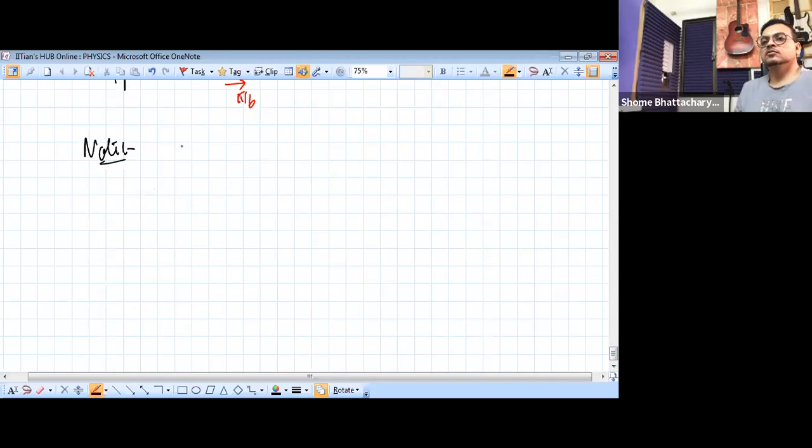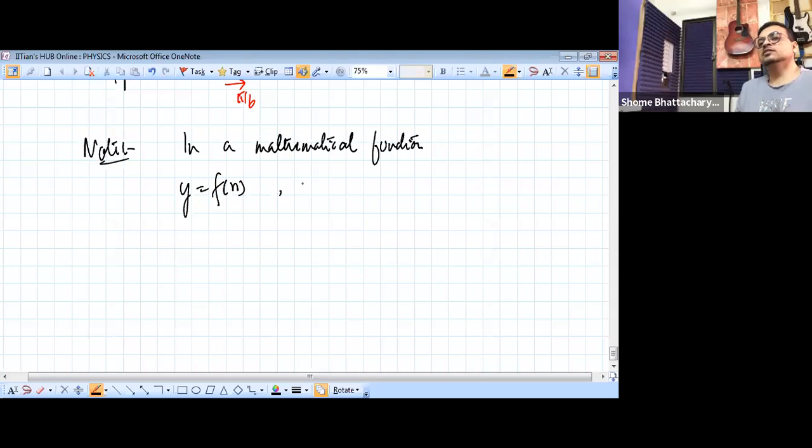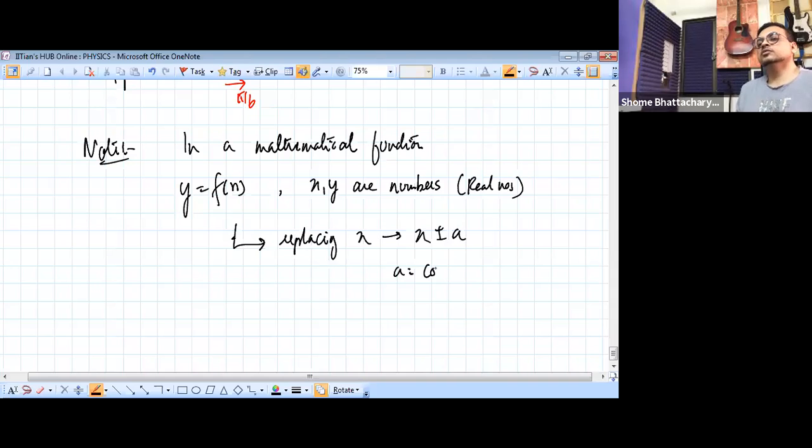So note, in a mathematical function y = f(x), where x and y are numbers, the real numbers, replacing x with x plus or minus c, where c is also a constant but a number, transforms the graph along the x-axis.